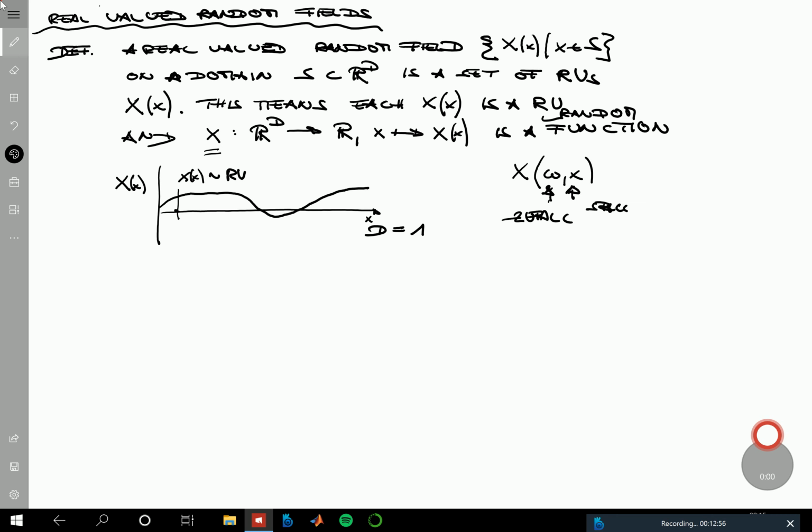But this dependency is usually neglected, and then it's just considered to be a function of space, as you can see here. But by appreciating that each of these values at location, so for each of the small x, is a random variable, they are, if you want, special functions.